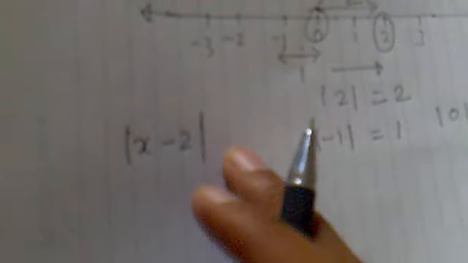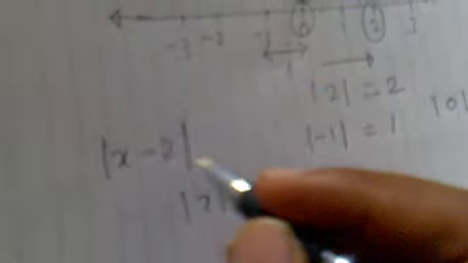Depending on what x is, the absolute value of x minus 2 will change. But this expression says this is the absolute value of x minus 2. You need to be a little bit cautious here, because we cannot write this like the absolute value of x plus minus 2 or anything. Inside the absolute value sign, the expression always remains together.